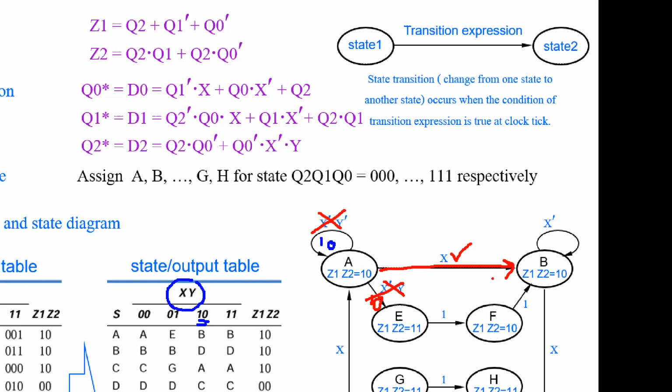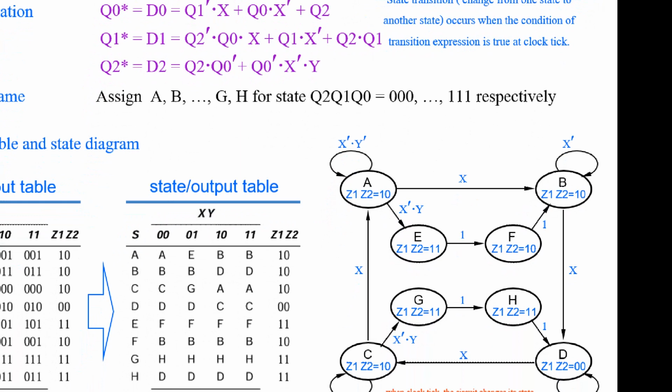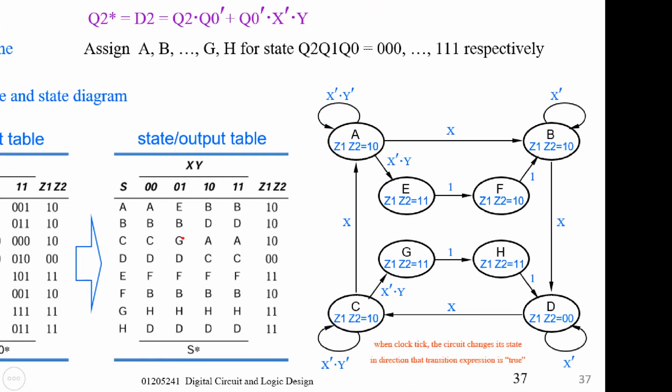The expression that shows the condition to change the state is called the transition expression. Transition expression shows the state change or state transition based on the input variable conditions. So for state B, it will stay B to B when input x, y is 0 0 or 0 1.